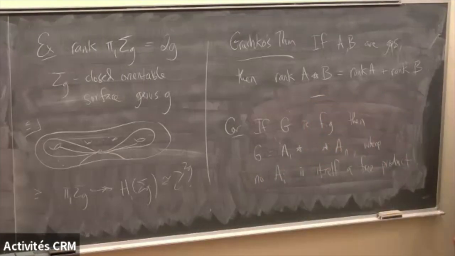What's interesting in this statement? You start with some G and wonder whether it splits as a free product. If it does, split it. You look at the two factors, and maybe those split as free products too, and then you split again.